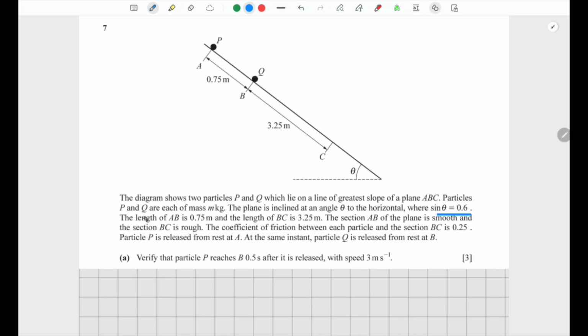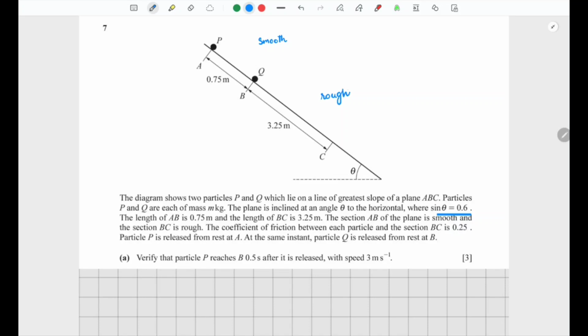Then we have the length of AB is 0.75. So this much is 0.75. And BC length is given to be 3.25. The section AB of the plane is smooth and the section BC is rough. So this part is smooth, and this one is rough.